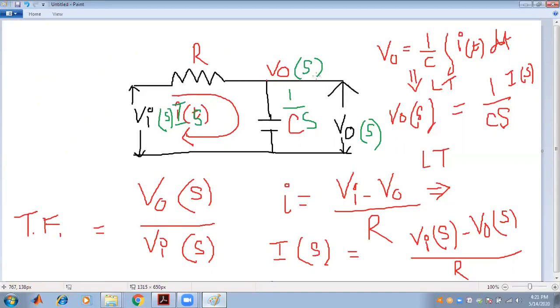Vi(t) became Vi(s), V0 became V0(s), R remains the same, i became I(s), and the capacitor became 1 by Cs.